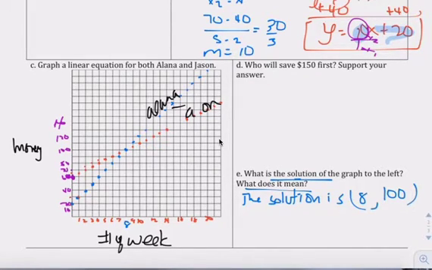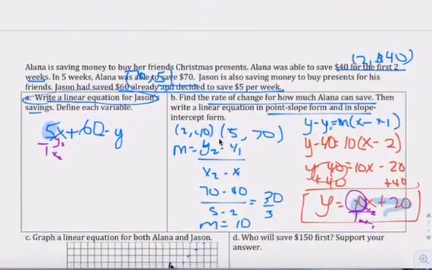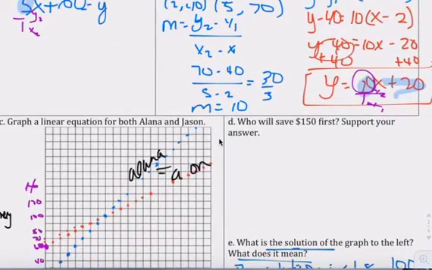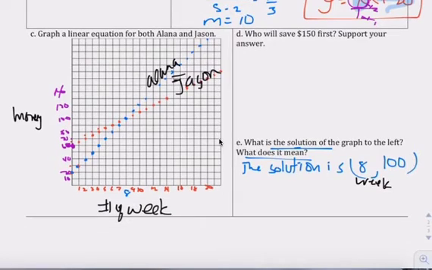Okay, so that means in 8 weeks, both Alana and Jason had the same amount of money in the bank, $100.